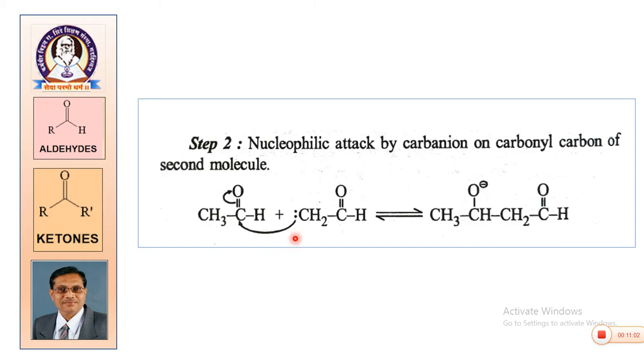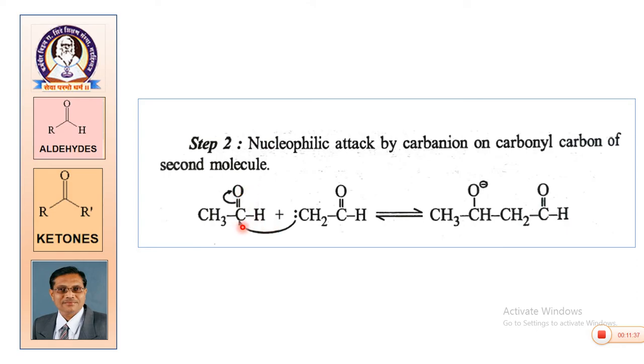So, the first step is formation of a carbanion by removal of a proton. Now, as it is self condensation, you have a carbanion and another molecule of the same aldehyde. This undergoes nucleophilic addition, a nucleophilic attack by the carbanion on the carbonyl carbon of the second molecule. As we have seen in the earlier slides, this carbonyl carbon is polarized: carbon becomes electropositive with a delta plus charge, and oxygen bears a partial negative charge.